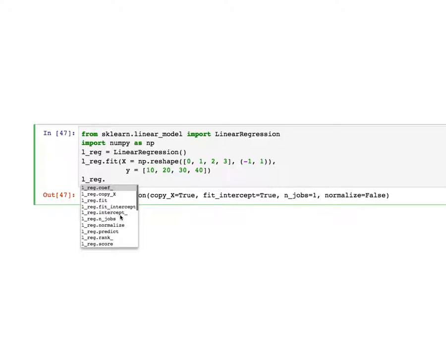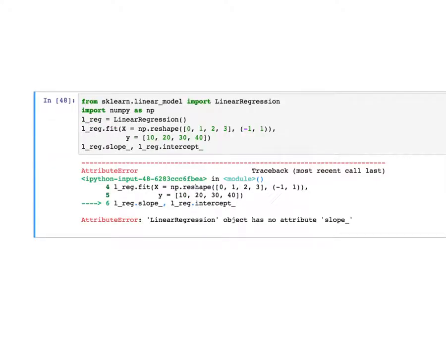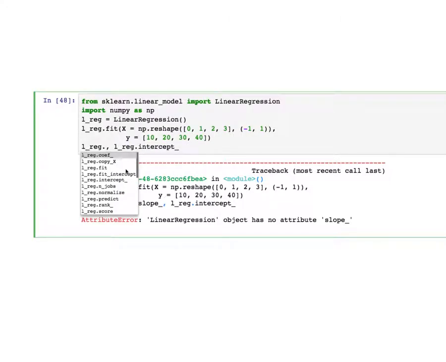By going to slope and the regression intercept. Oh, this doesn't have that. Intercept, coefficient.